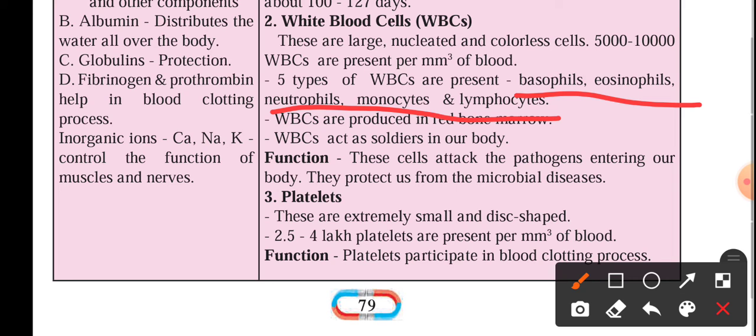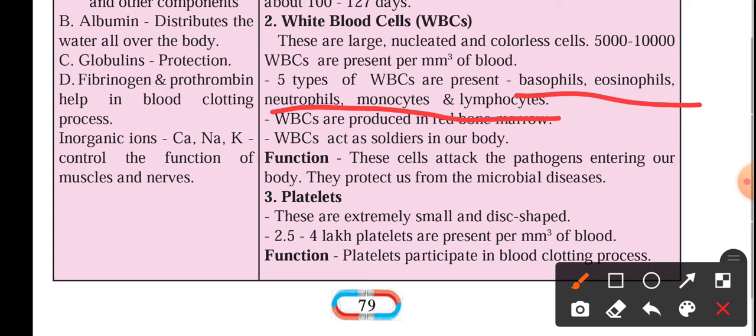WBCs act as soldiers in our body. They are the protective cells of our body, which protect our body from different kinds of external pathogens. Further, as for their functions, these cells attack the pathogens entering our body. They protect us from microbial diseases.